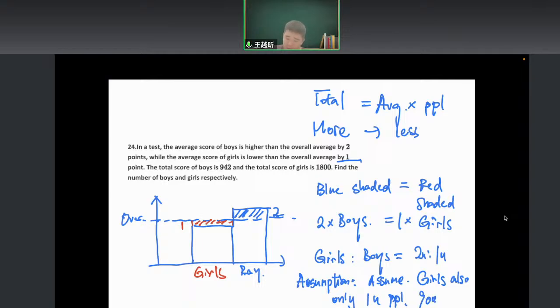So there is a difference between the total score of boys and girls. Girls got 900, boys got 942. Where does this 42 come from? You need to think about this. The 42 comes from the difference in the average score.